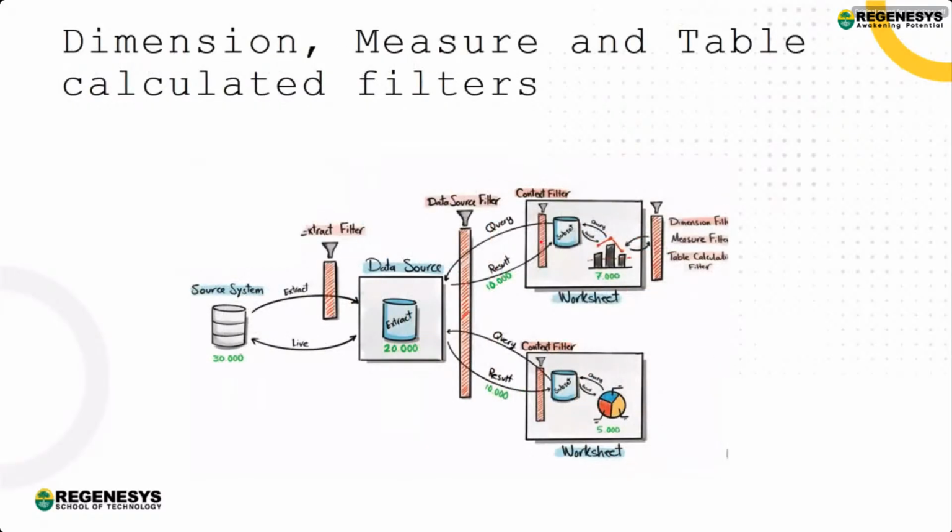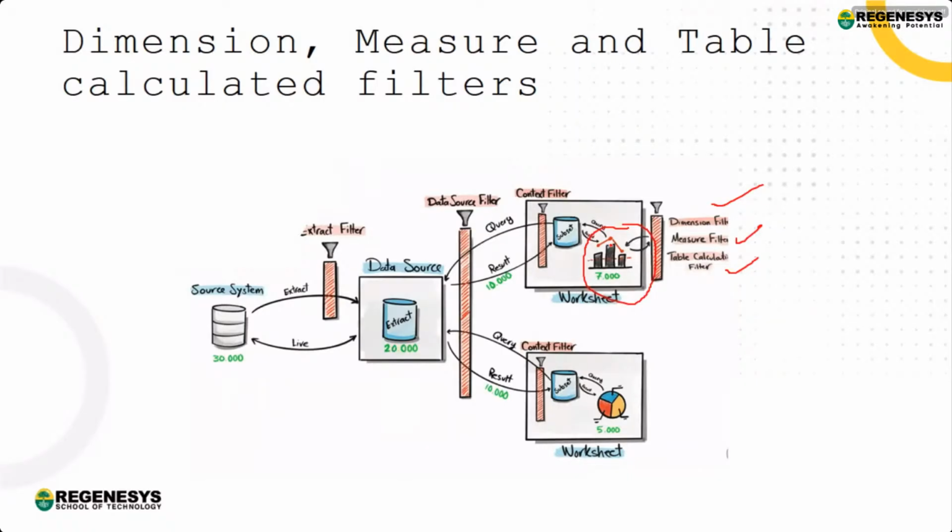Then afterwards, when we have done all this, there are the dimension filter, measure filter and table calculation filter, which we apply at the chart level or on the content level. Context is something wherein we apply it to every field. But when I'm talking about a dimension, let's say for example the dimension is region.